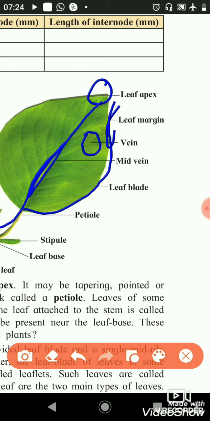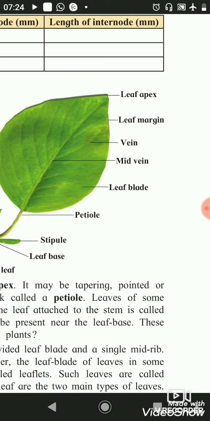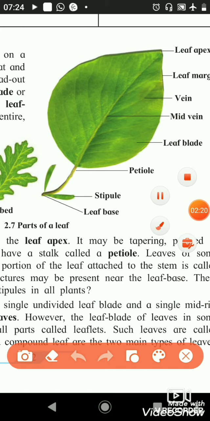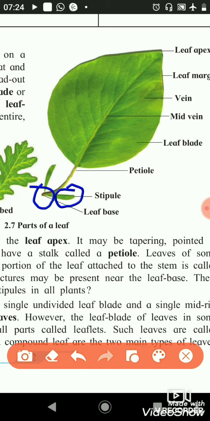With the help of the petiole, the midvein grows in the leaf. Look at the stipules. Stipules are also given there. These two tiny leaf-like small parts growing from the node are the stipules, and the leaf base grows from the point of a node.